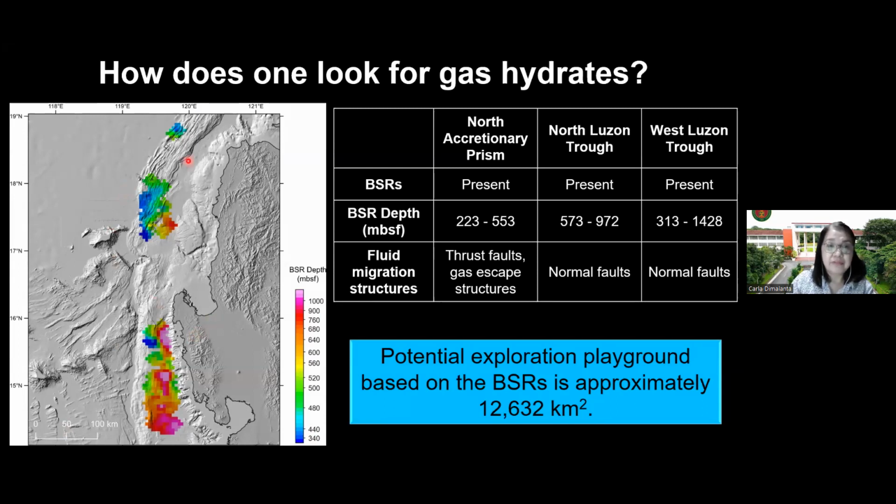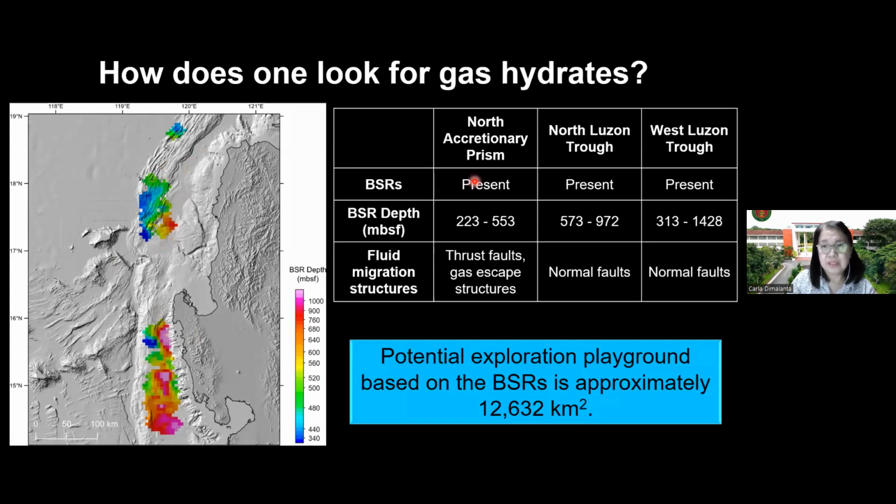And based on the survey data that we examined, in the northern part, we were able to identify BSRs. For the West Luzon Trough, this region here, we were also able to identify BSRs.